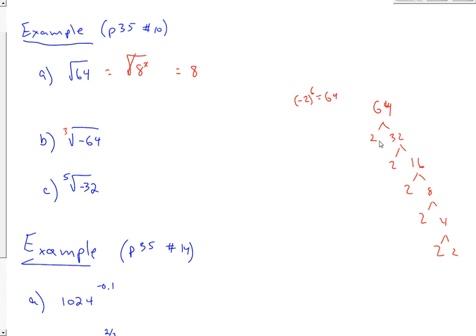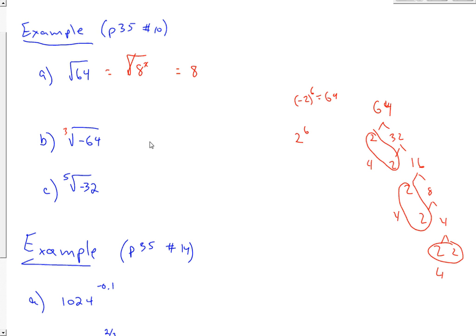So really what I need is, instead of 2 to the 6th, an exponent of 3. If I group these together in pairs of 2's, then I have 4, because 2 times 2 is 4, and then 4 and 4, that would be 4 to the third.